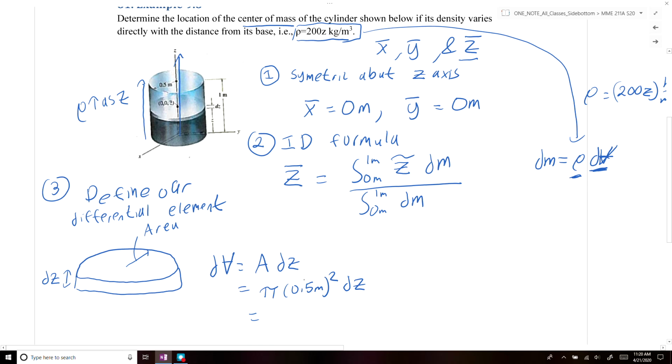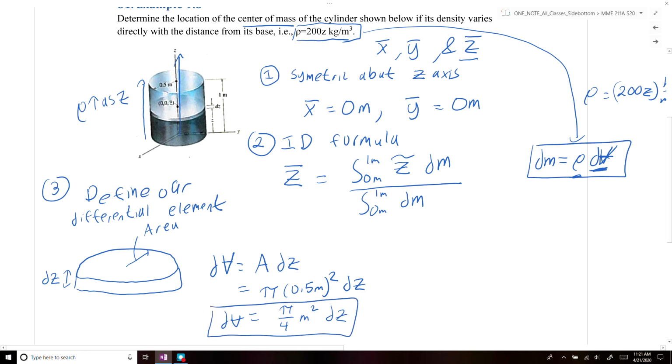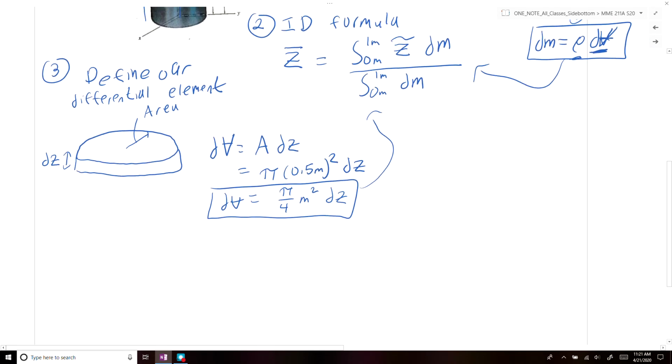So dv would be equal to pi over 4 meters squared times dz. We can use our values of dm and dv and plug these two into our equation to solve for z bar. The last thing we're going to do is evaluate our integral.